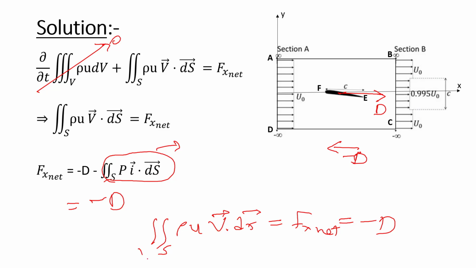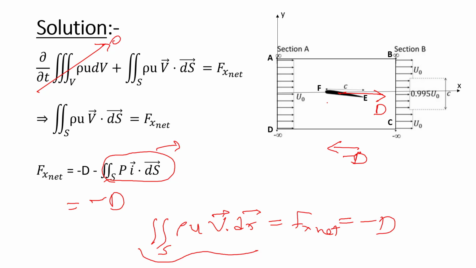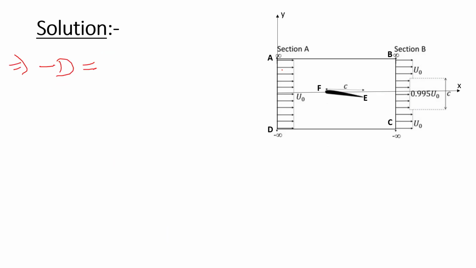Now we will write this double integration in the control volume. For double integration there is one dot product v dot ds, and we already have seen that normal of the surface will be outward of the control volume, and at the section AB and CD velocity is perpendicular to the normal, hence dot product will be 0.